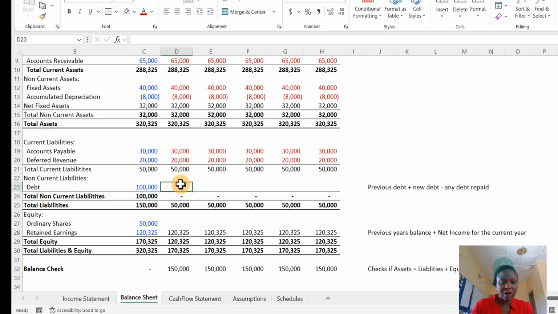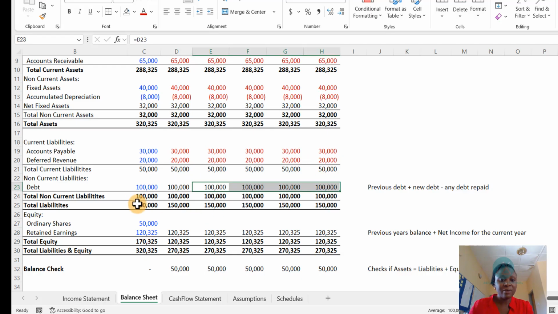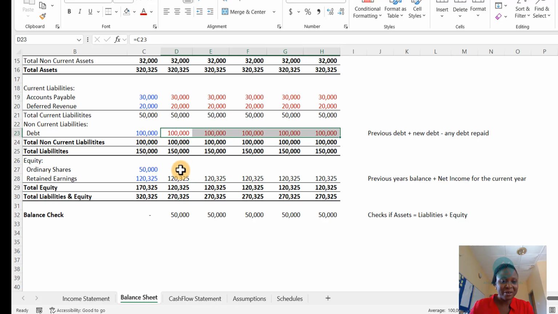So come here and copy the previous balance through to all the cells. Copy and paste. Good. Now give it the color red, just to let us know that it's temporary.